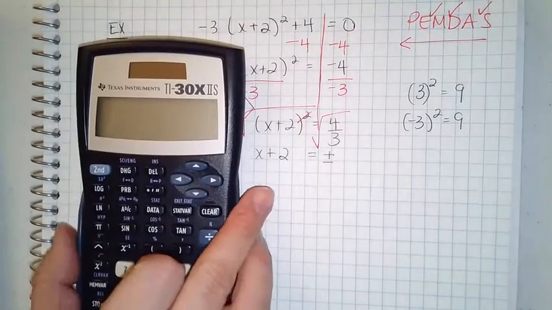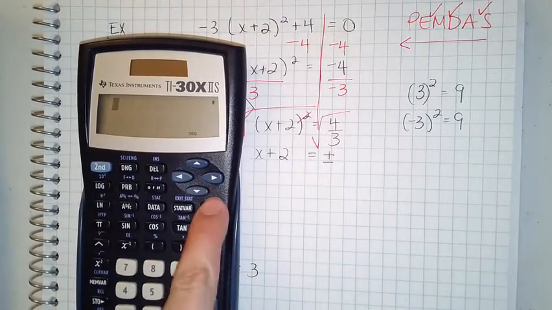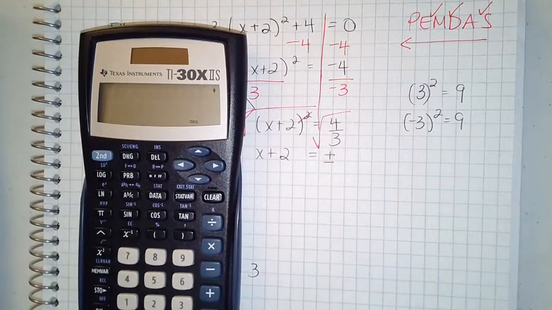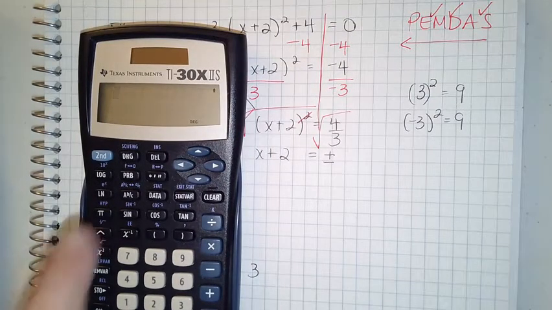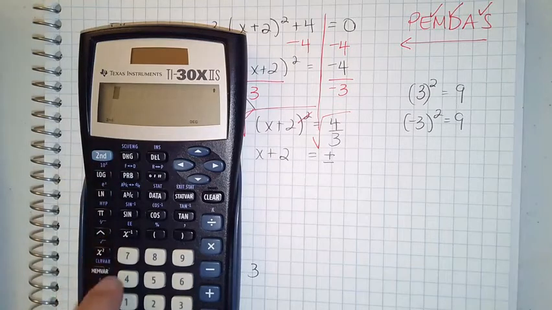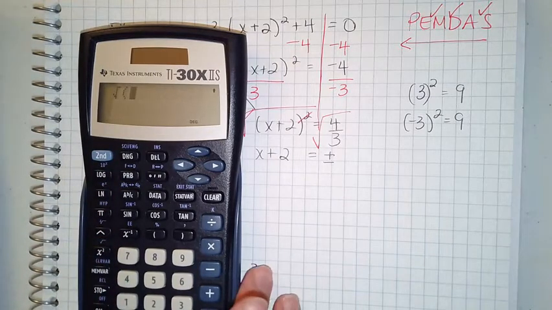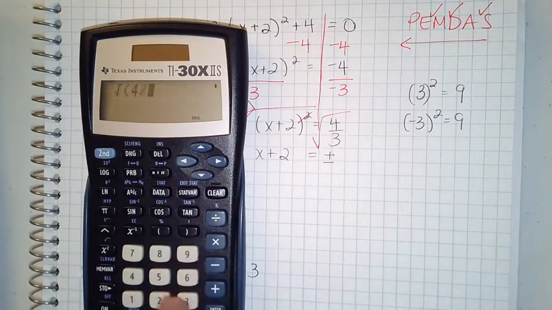And so I am going to, because there's no real nice fraction that's going to come out of that. They're not perfect squares. It's just not nice. So I'm going to take the square root of 4/3, and it's only going to give me the positive square root, and that's okay. We know that it's positive or negative.